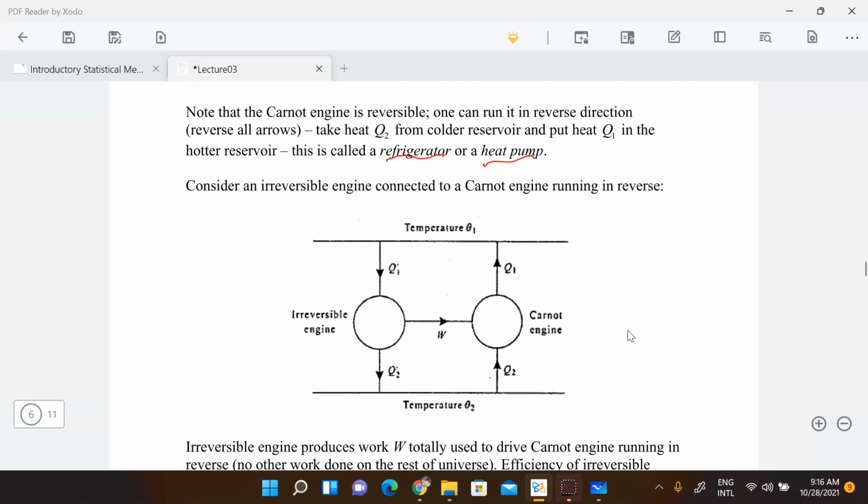So this is the picture that we want to describe. We have this irreversible engine taking up heat Q1 dash from the reservoir on top at temperature theta1, and releasing Q2 dash.